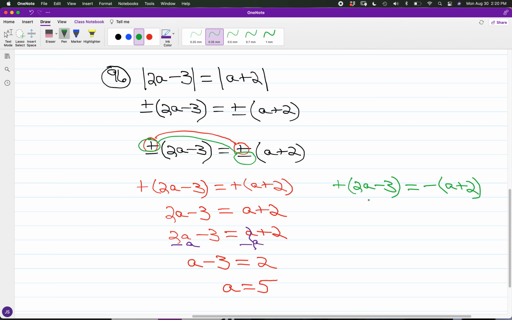Now for the other combination, on the left-hand side there's no sign change, so you have 2a minus 3. For the negative of the quantity of a plus 2, you have negative a minus 2.